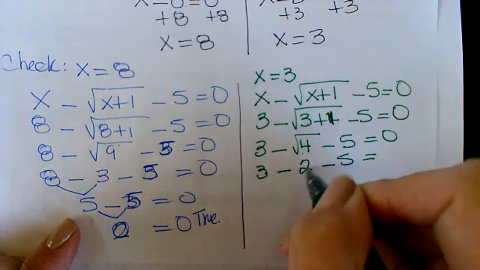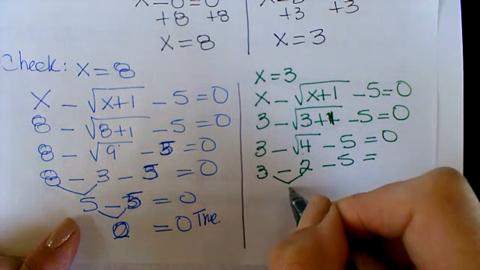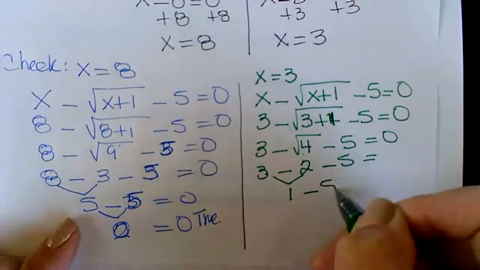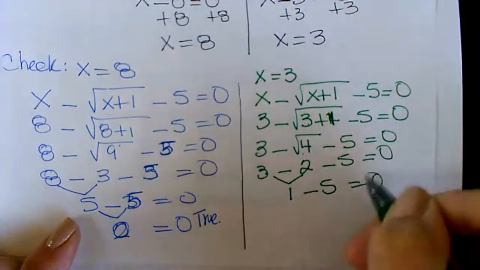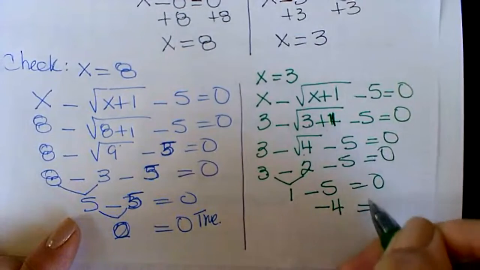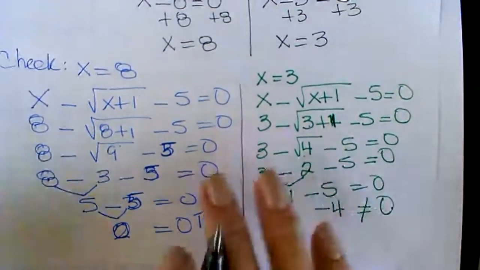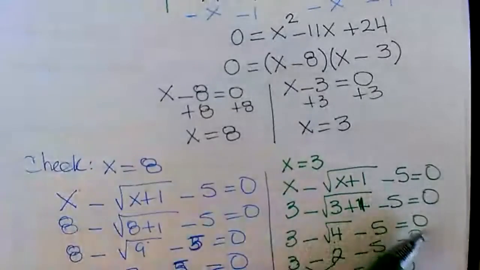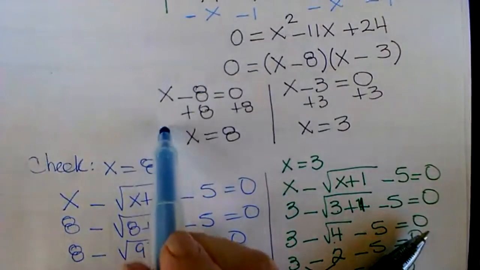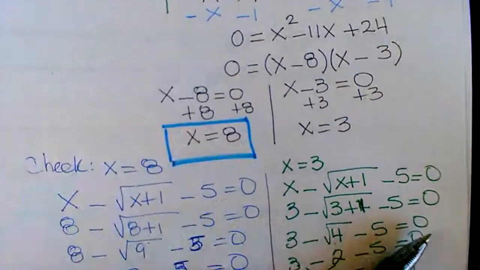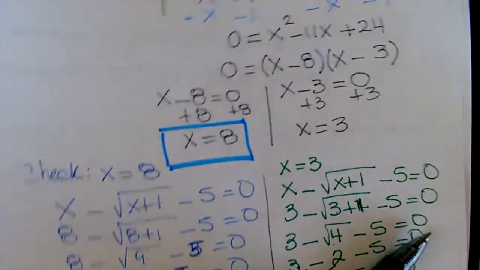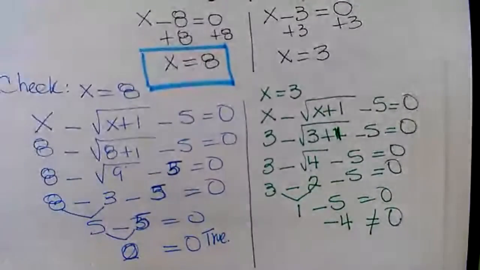So 3 minus 2 is 1. And 1 minus 5 is -4. And -4 is not equal to 0. So my answer is going to be x equal to 8. All right?